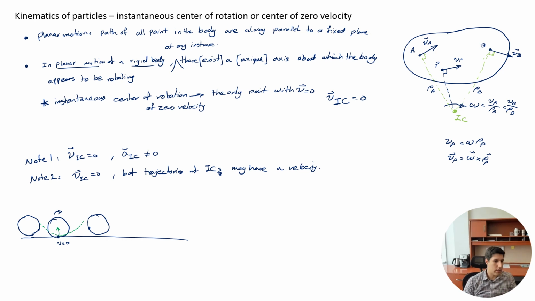Looking at this, right now this point has 0 velocity. Before, another point, number 2. Let me color code them. This point is this point, is that point.